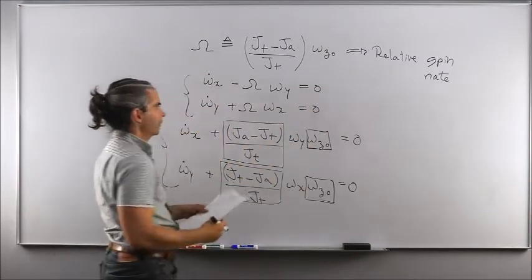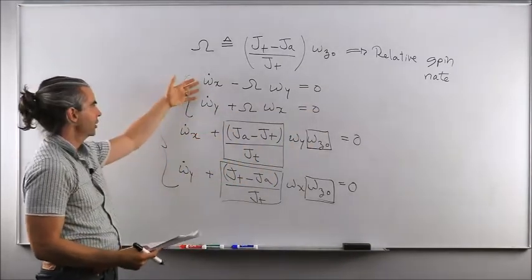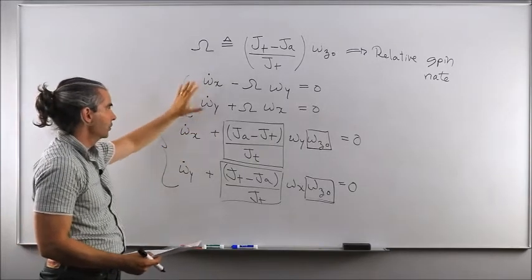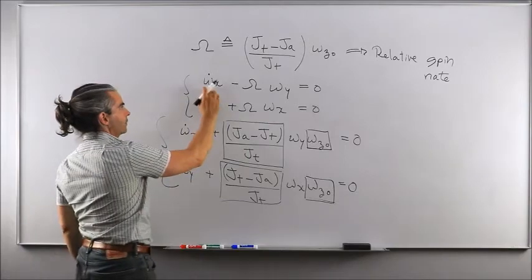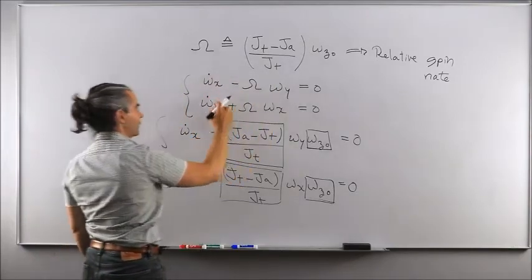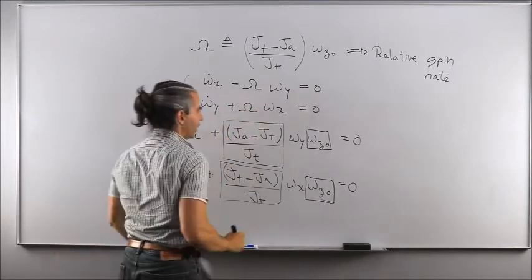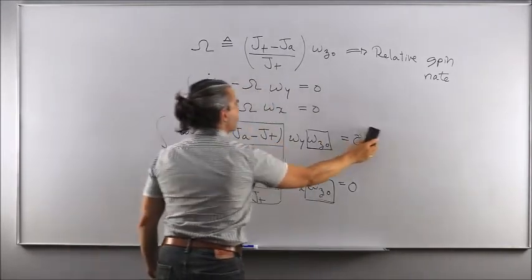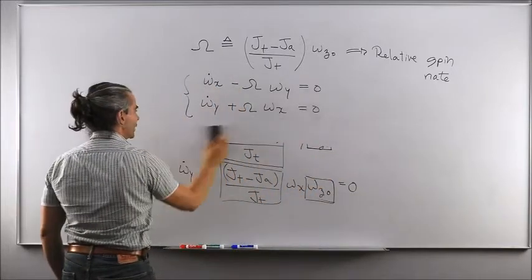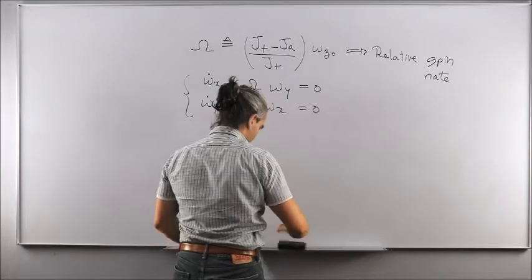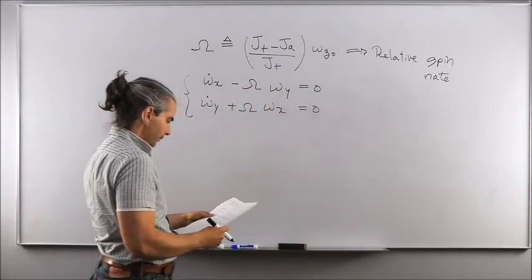And hopefully now you clearly realize that those two equations, unlike the equation we had for z, are tightly coupled together because the derivative of omega x is function of omega y, and the derivative of omega y is function of omega x, which means that to get the solution for x and y, we will have to solve simultaneously those two equations of motion. Okay?